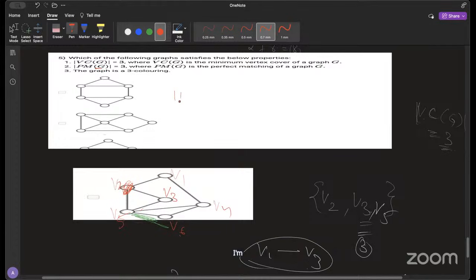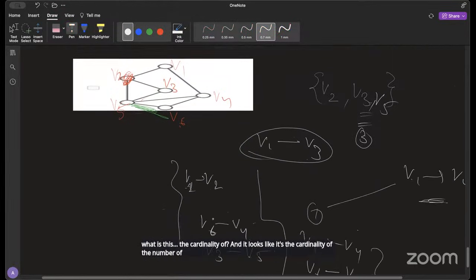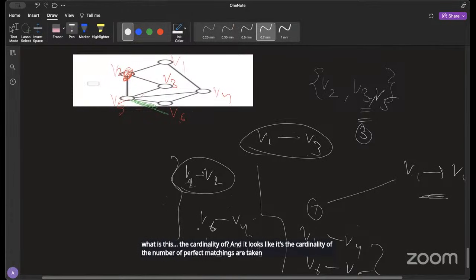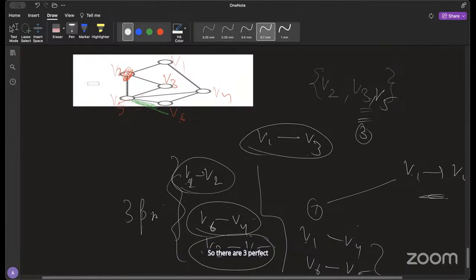I'm not sure what this thing means. What is this the cardinality of? And it looks like it's the cardinality of the number of perfect matchings taken to be these things. This is one perfect matching, this is another perfect matching, and this is third perfect matching. So there are three perfect matchings.